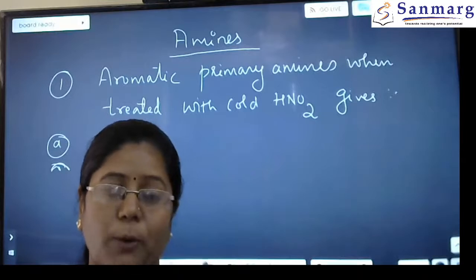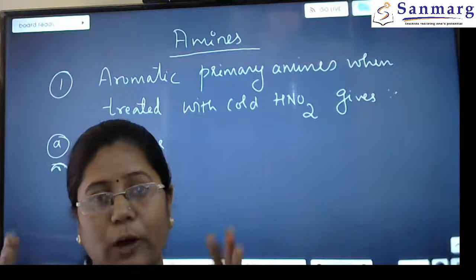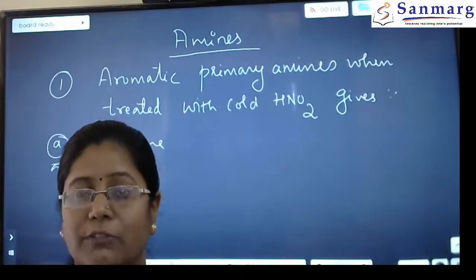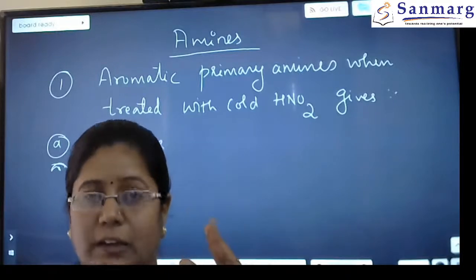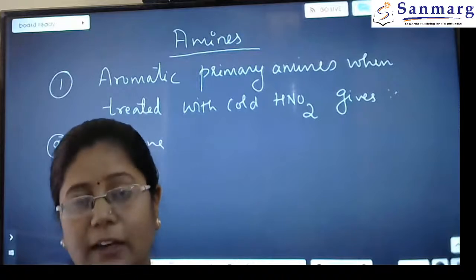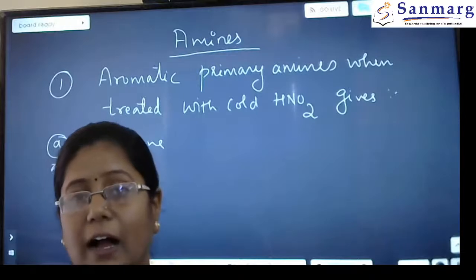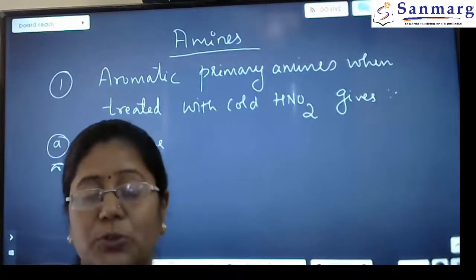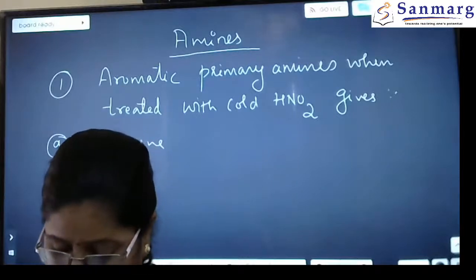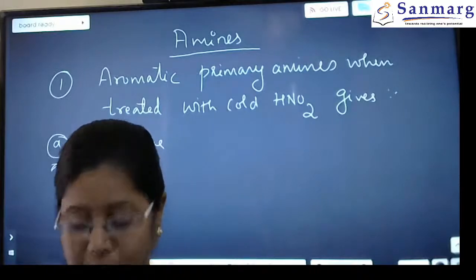Suppose you have a mixture of primary, secondary and tertiary amines. If you want to know whether the mixture contains a primary amine, you do the carbylamine test, which answers for primary amine. So it distinguishes primary amine from secondary and tertiary.